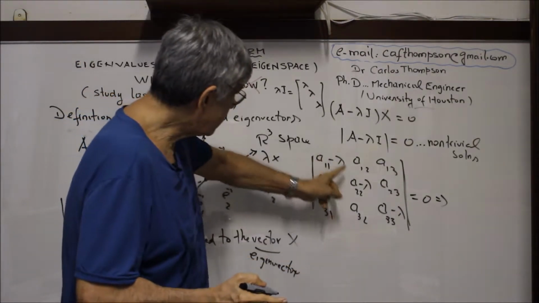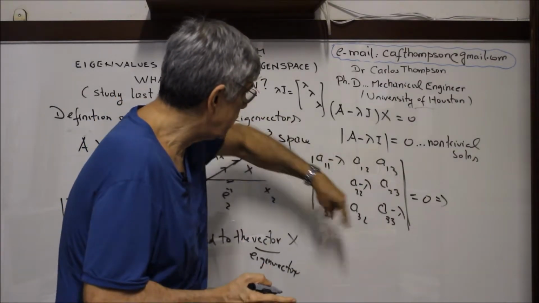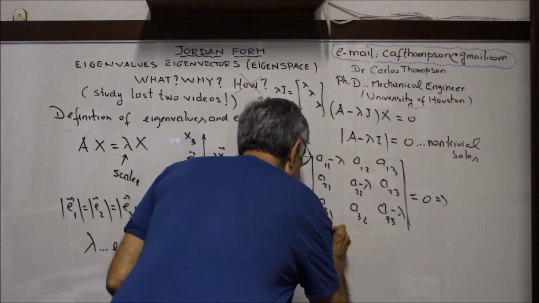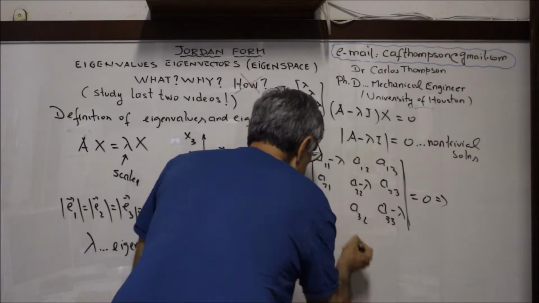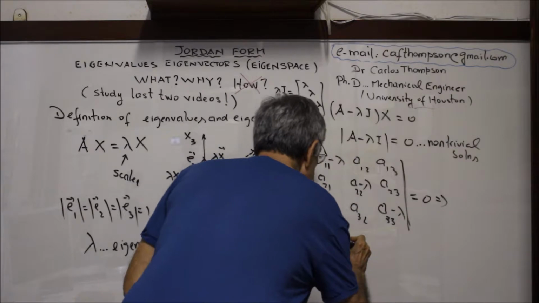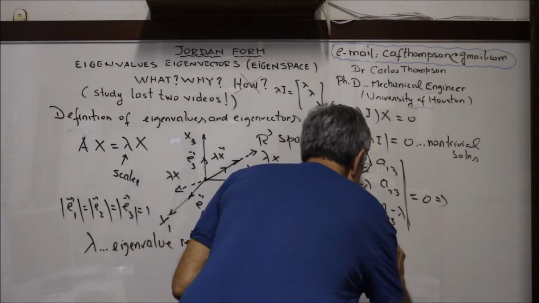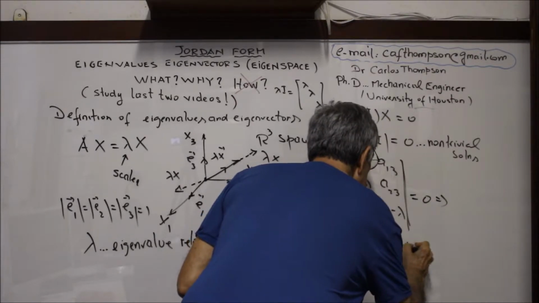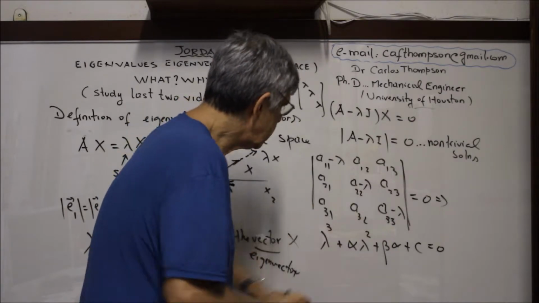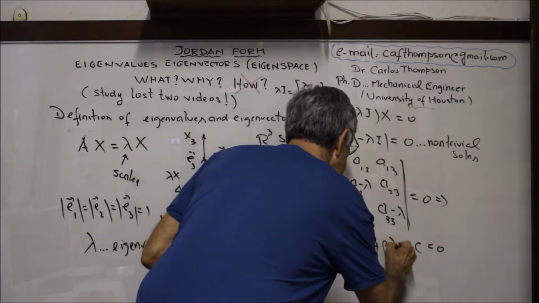When you develop the determinant here, this implies that I will have lambda cubed, plus or minus, we don't know, plus, for instance, alpha lambda squared plus beta lambda plus c equal to 0.